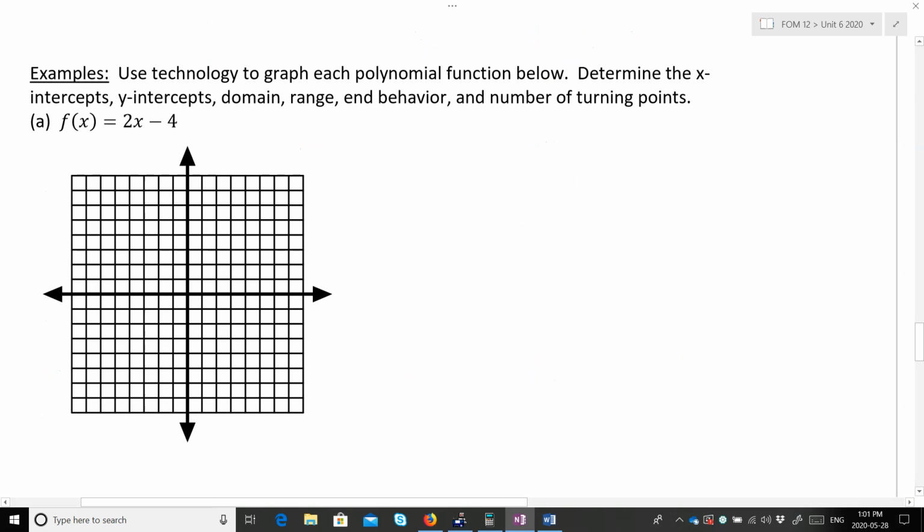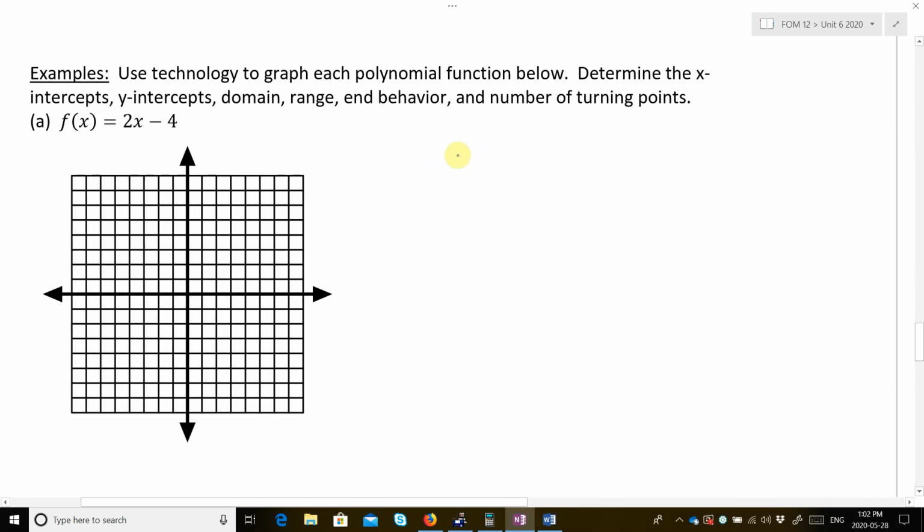Okay, so let's do some examples. It says use technology to graph each polynomial function below, determine the x-intercepts, y-intercepts, domain, range, end behavior, and number of turning points.